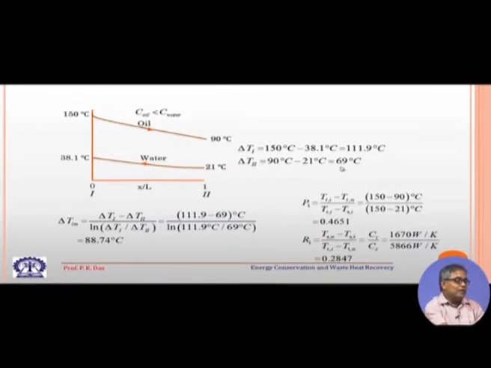So, with these two values we can get delta T Lm or LMTD, logarithmic mean temperature difference. This is the very well known formula, and from there delta T Lm we get 88.74 degree Celsius.